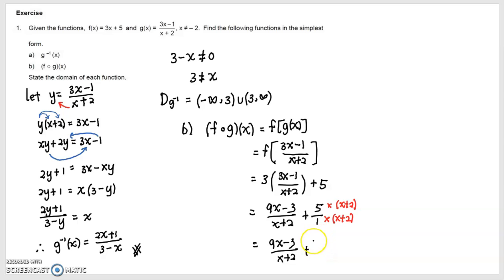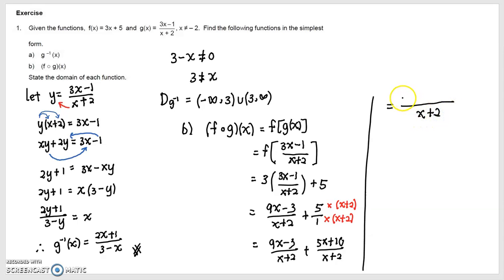So here I should have 5x plus 10 over x plus 2. So sekarang denominator kita dah sama, kita boleh gabungkan. So the denominator will be x plus 2, whereas for the numerator, 9x minus 3 plus 5x plus 10.